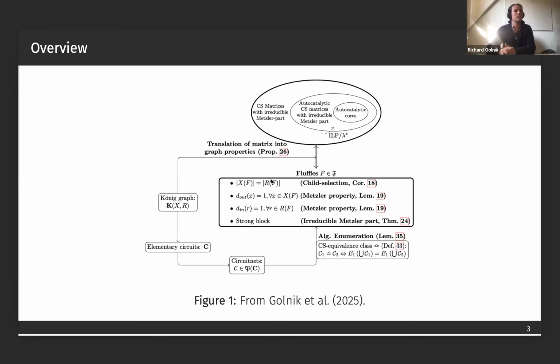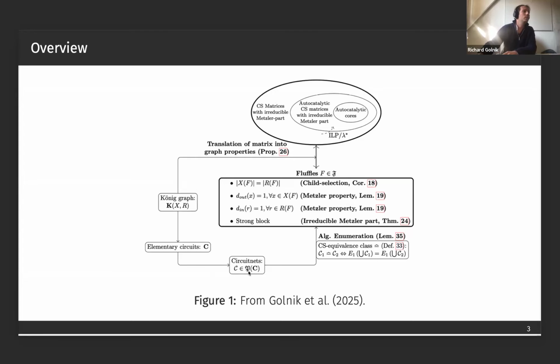Then the goal becomes how we can enumerate these fluffles efficiently in order to find all of these child selection matrices with irreducible Metzler part. For this, we're going to take advantage of so-called elementary circuits, closed directed paths in the directed bipartite König's graph, which are themselves fluffles.